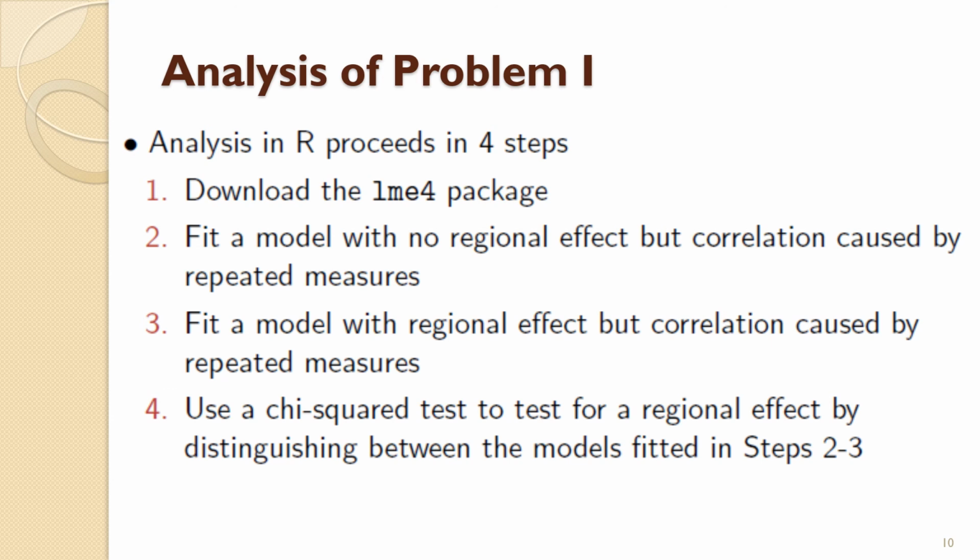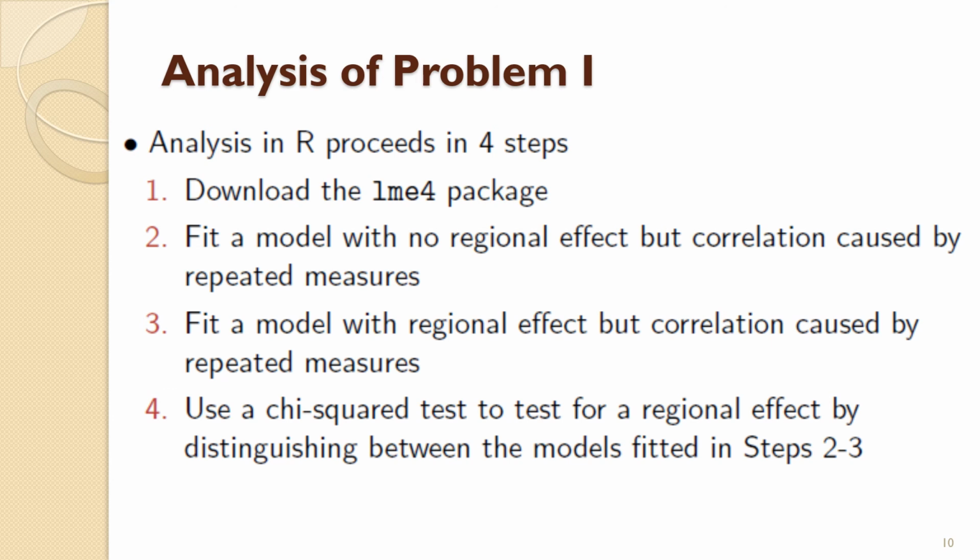It's important to emphasize here that even if there is no regional effect, there very definitely is some correlation caused by repeated measures that you need to account for. And then as a final step, in step 4, you would use a chi-squared test to test for a regional effect, testing between the two models fitted in steps 2 and 3.